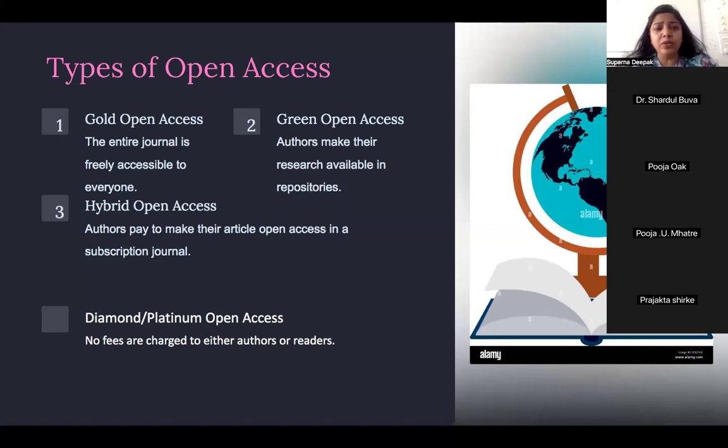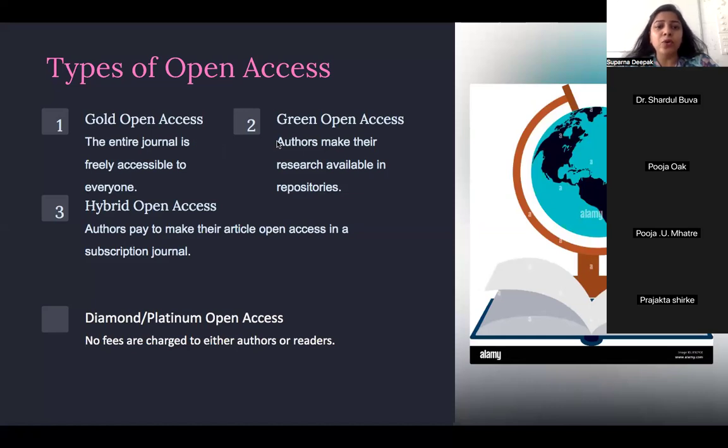Am I right? In gold open access, all the papers in the journal are freely accessible to everyone. For this type of journal there is an APC, the article processing cost, and in Scopus and Web of Science the APC is in dollars, thousands of dollars. For us that becomes quite a heavy amount, so we do not want a journal that has only gold open access.